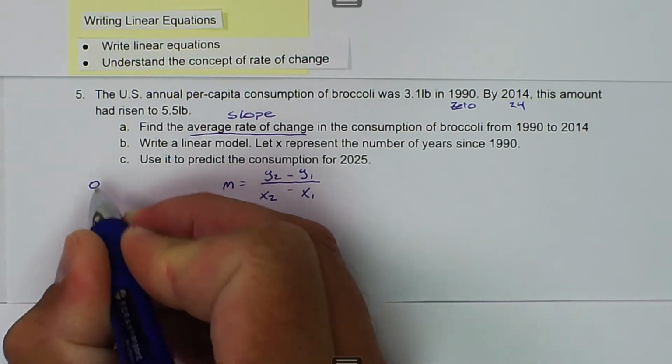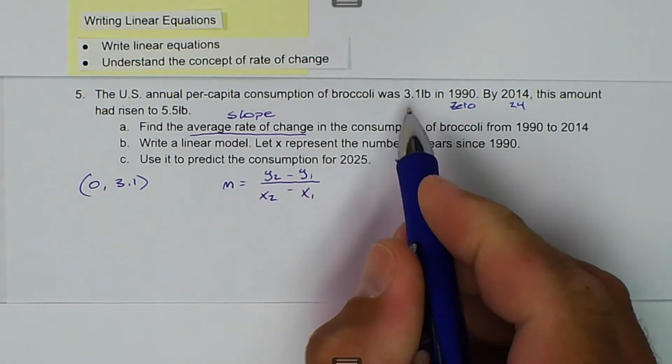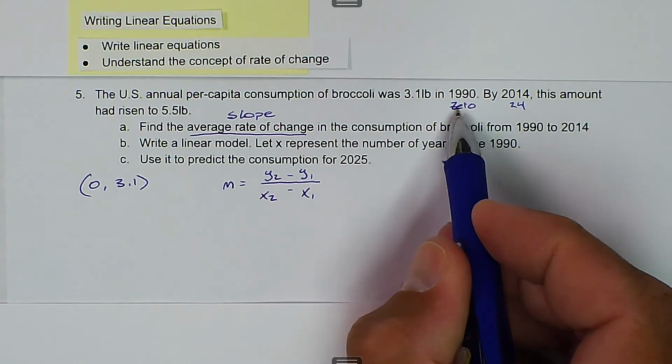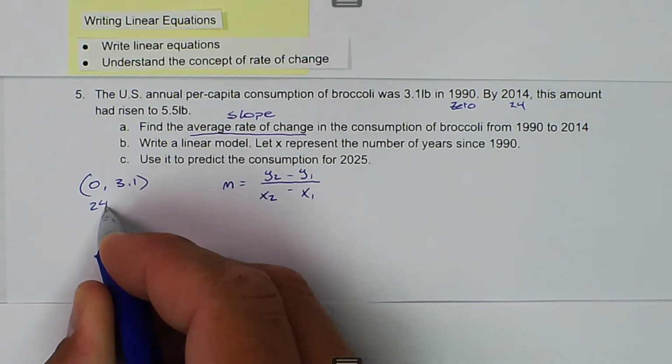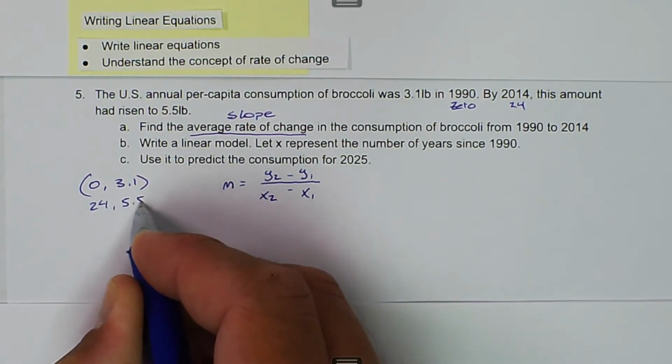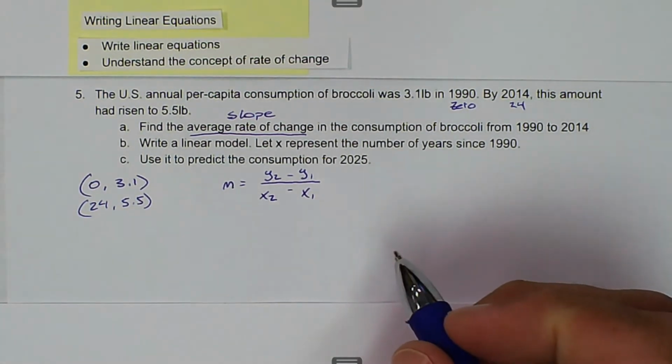So 0, comma, 3.1. That's broccoli in 1990. And then 24, comma, 5.5. And those numbers will be a little bit easier to work with when we're using them to calculate our slope.